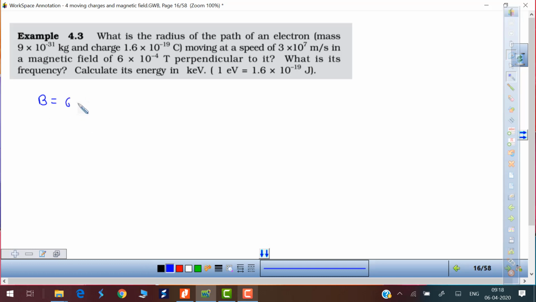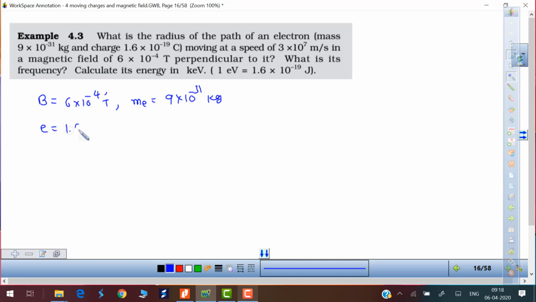B is given by 6 into 10 raised to minus 4 Tesla. Then mass of electron is 9 into 10 raised to minus 31 kilogram.